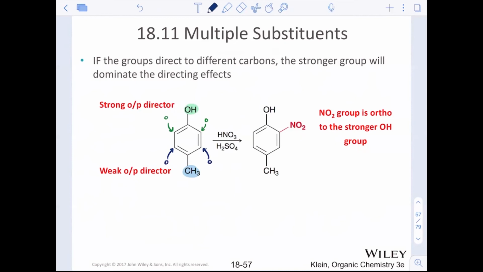Now, where are we going to put the nitro group? Well, because oxygen is a stronger ortho-para director, we are going to follow it. All right, methyl can just go have a day by itself, okay? It doesn't get to participate.